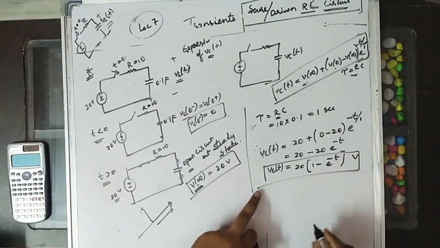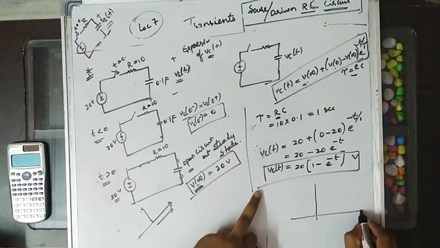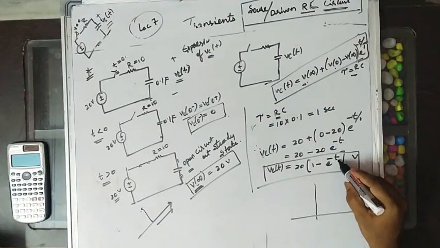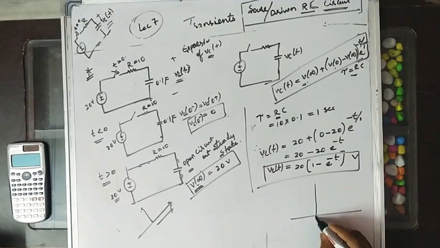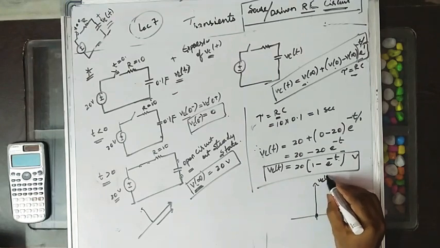If you want to draw this in graph mode, then you substitute t equal to 0 here. 1 minus e power minus 0 means 1 minus 1. So at t equal to 0, the voltage across the capacitor Vc of t here is 0.